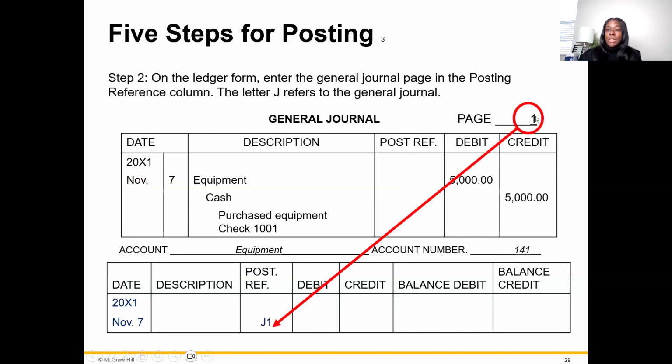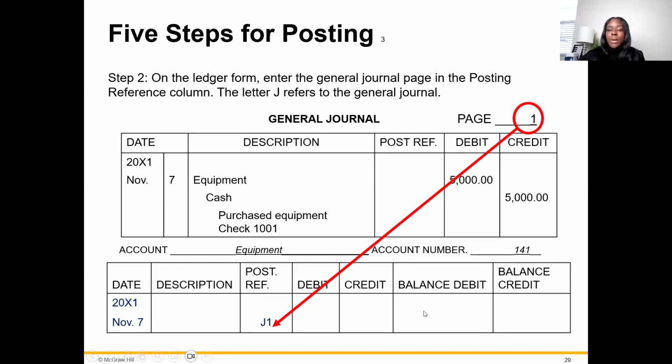So the post reference number here, it also fills in here. So this says J1. So this is just saying general journal page 1. And the reason why we have post reference numbers is because if there is an error, we want to be able to go back and find where that error occurs.